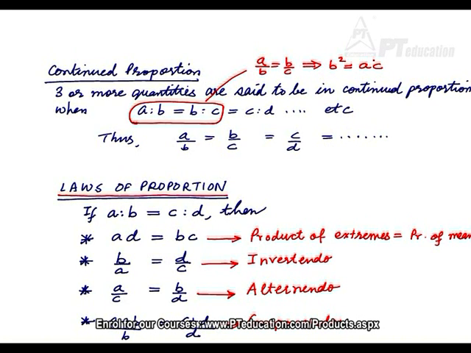So in continuous proportion or continued proportion, B square is equal to AC, which means that B is called the mean in this continued proportion. So this is the mean proportional. Just remember this, and B square is equal to AC. A is the first proportion, C is the third proportional, and B is the mean proportional. I hope that is clear.